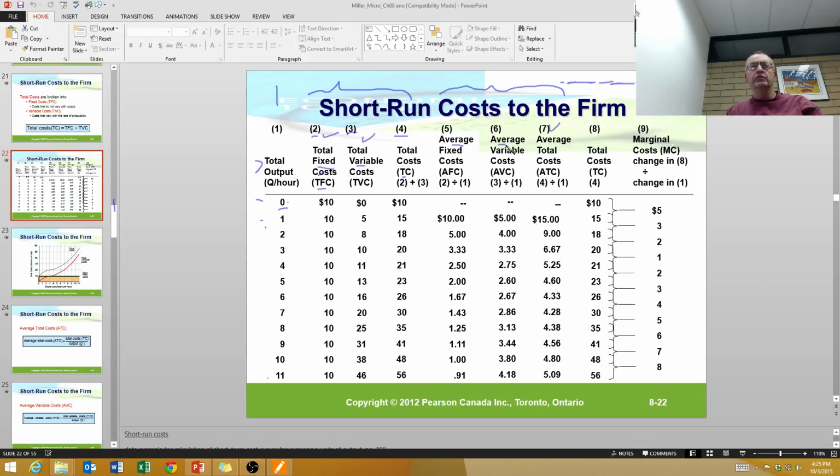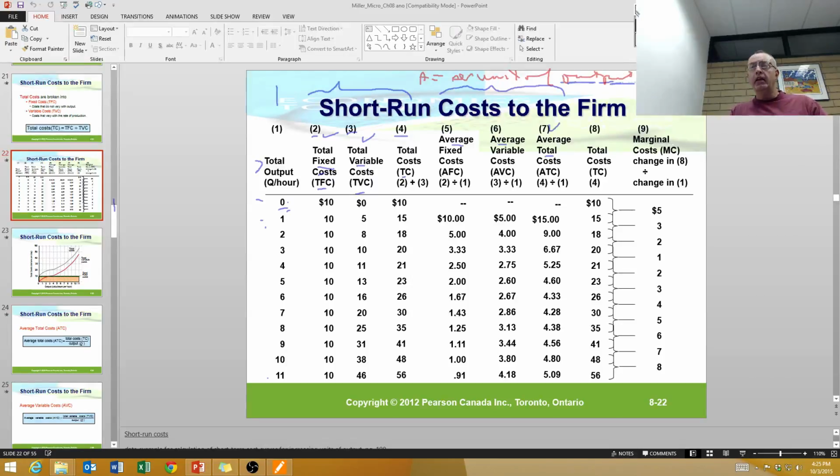For column 6 here, average variable costs, it's column 3 divided by column 1, and average total cost. The average fixed costs, average variable costs, average total costs, these are all on a per unit of output basis. I should write that down. These are all average equals per unit of output.